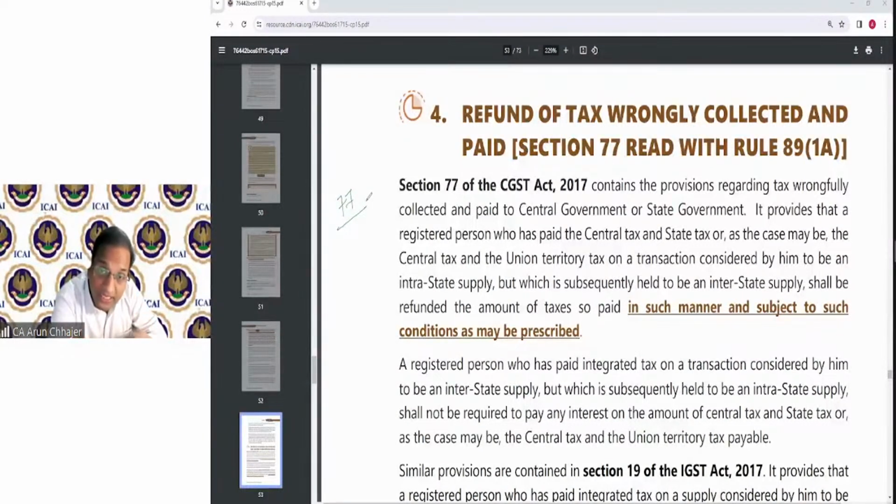The time limit is 2 years for the refund application, but the time limit starts from the date when you pay the correct taxes. Important, section 77 does not attract interest.